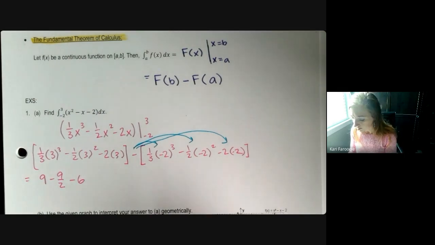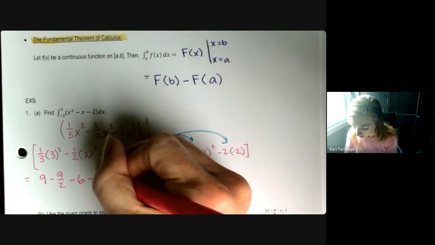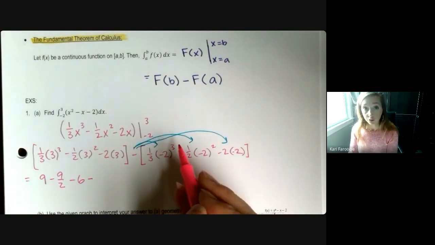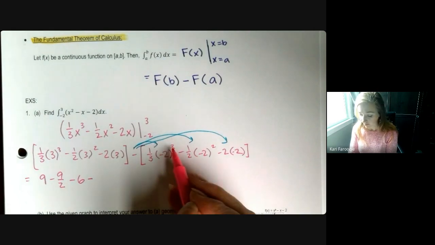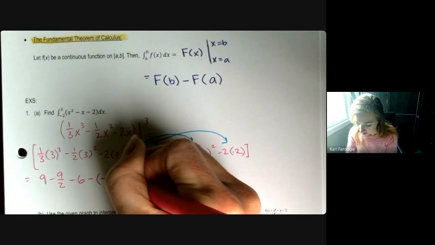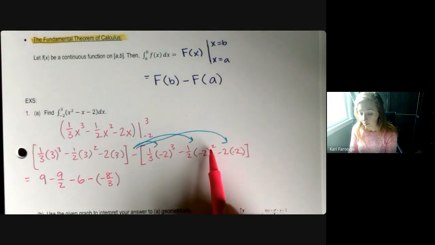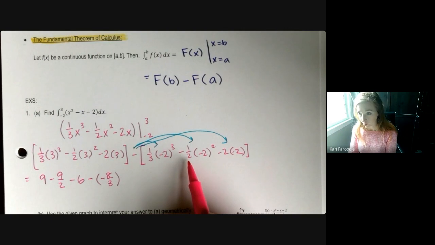I'll keep reminding you. Okay, so I have minus, and then I have negative 2 to the third, which is negative 8 divided by 3. So negative 8 thirds. So it's minus a negative. Be careful there. Negative 2 squared is 4. Divided by 2 is 2.